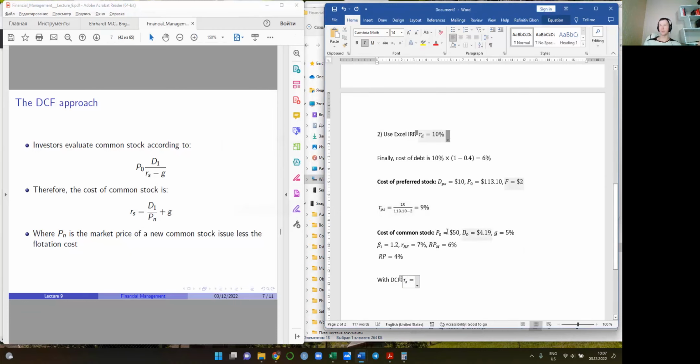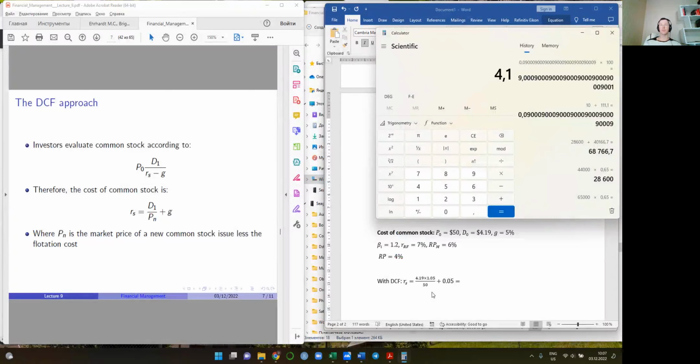This is the last dividend plus growth, which is 4.19 times 1.05. This is our future expected dividend, and we divide this by PN, which is the price, $50 minus any flotation cost, if there were any, plus the growth rate 0.05.